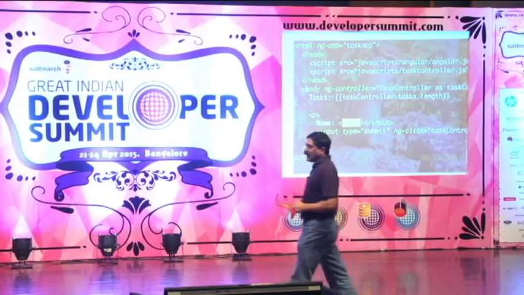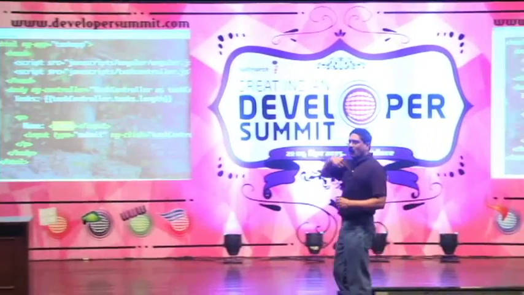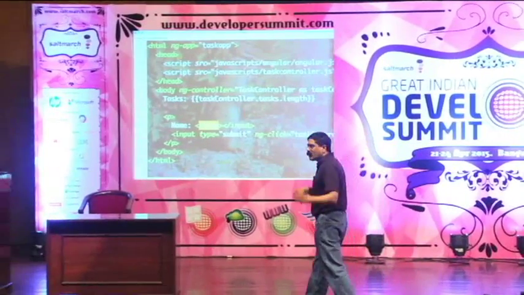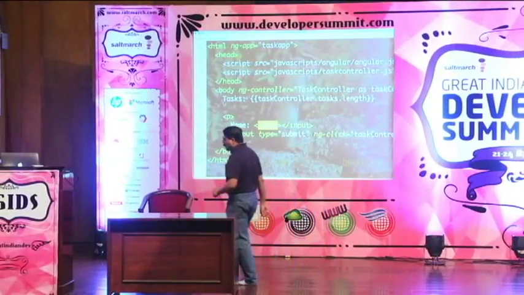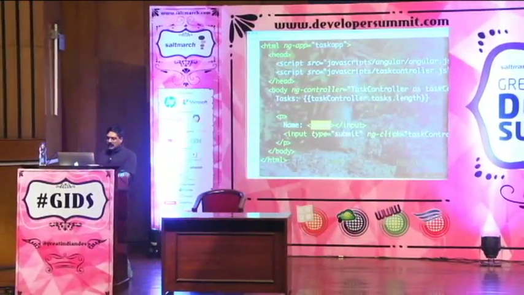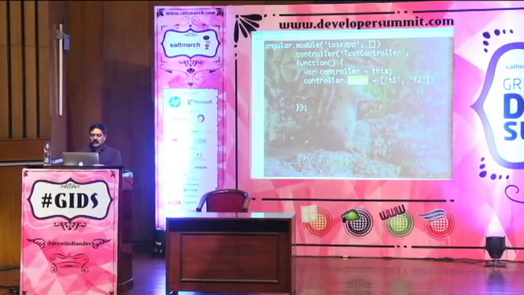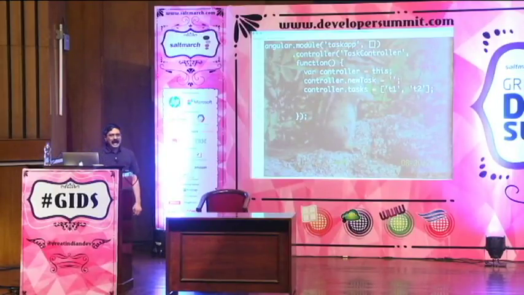So rather than saying, well, you have an element, I want to be notified, let's reverse this for a minute. So what I'm going to do now is I'm going to go to the controller, and as we are creating the controller, I'm going to say controller.newTask equals, and I've created a new task which is empty.